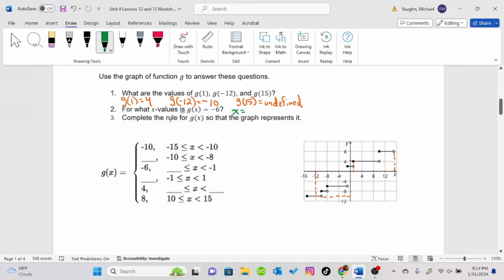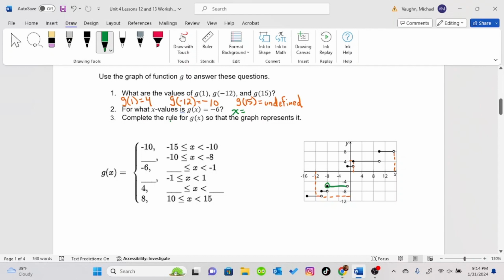So we go down to y equals negative 6, and we see that we have a solid point at negative 8, and that goes all the way over until approximately negative 1.